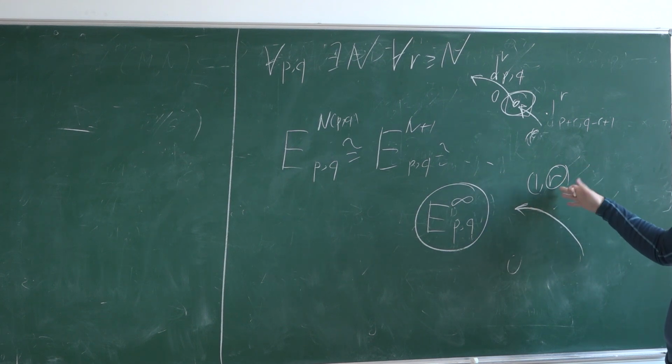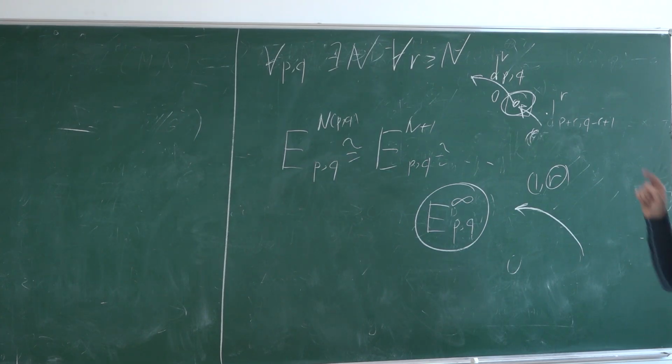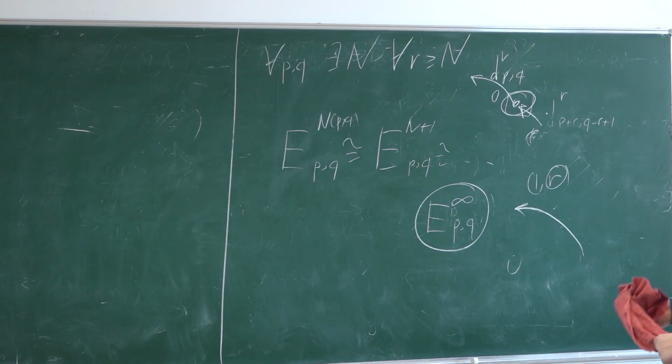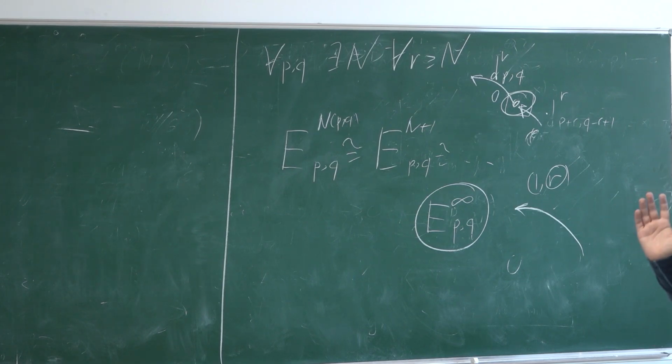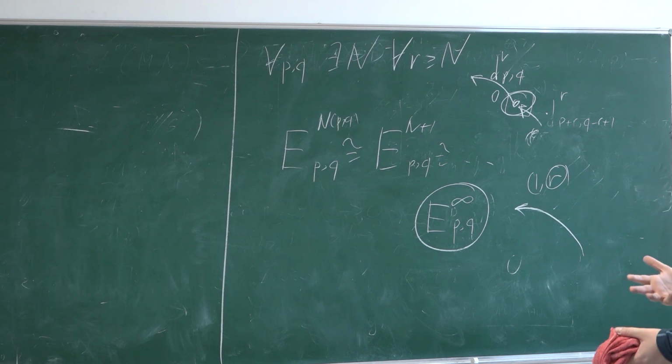For example, this is also useful in Adams spectral sequences, something like this. But it's important that degrees are increasing. You will see from the construction of the spectral sequence which works for our goals that it's true. Maybe you will understand it from the construction of the spectral sequence of a filtered chain complex when it appears.